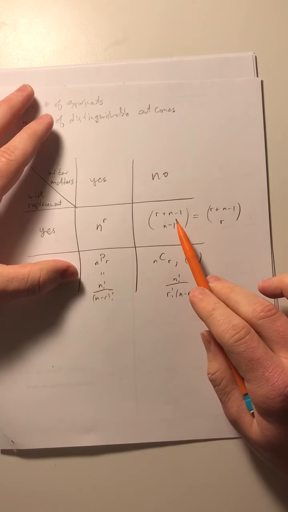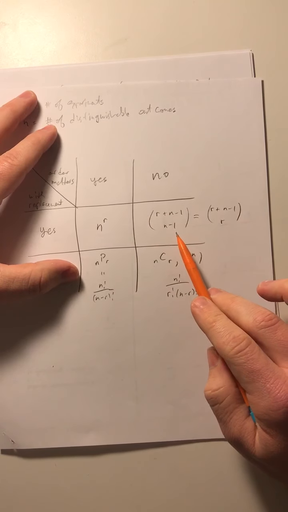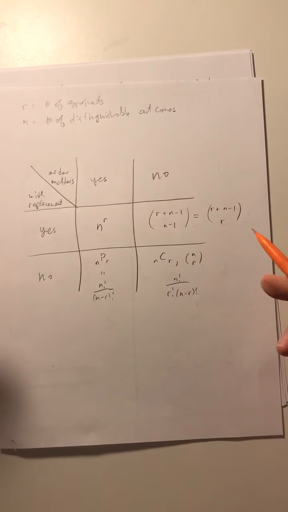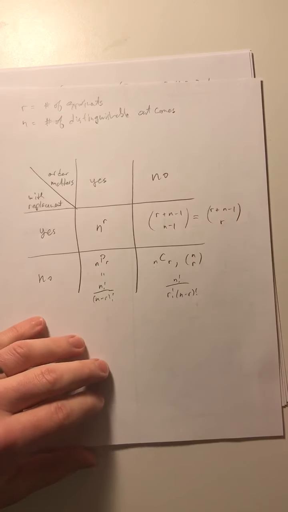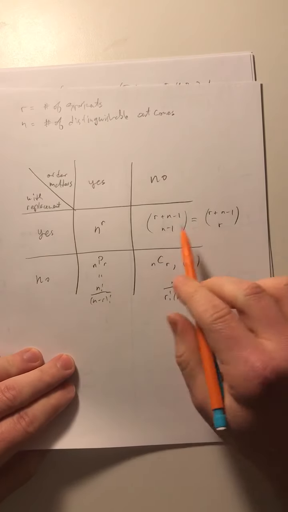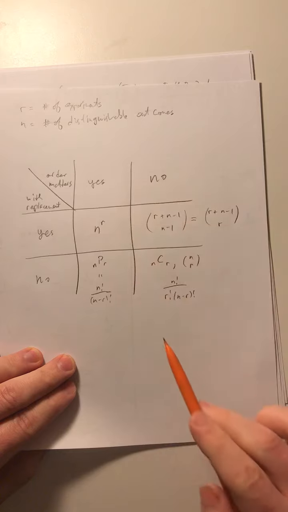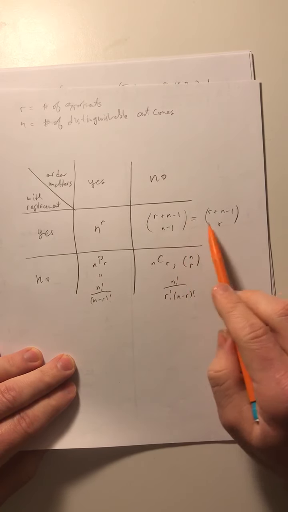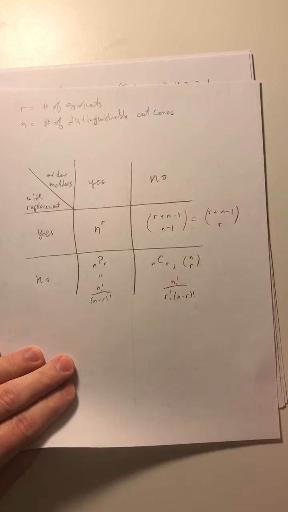Or you could just see, well, I could choose the n minus 1 places to put the dividers and then everywhere else gets a ball, or I could choose R places to put the balls and everywhere else gets a divider. And there's the equal number of ways to do that. Once I choose where to put everything of one type, everything of the other type goes in the remaining places. So either one of these works as a number of ways to count the different outcomes for balls and bins.